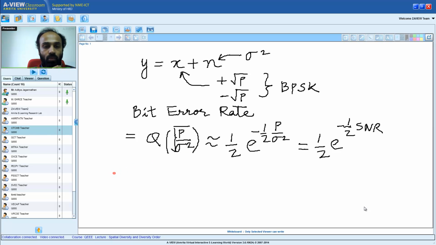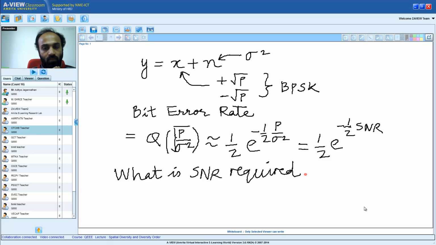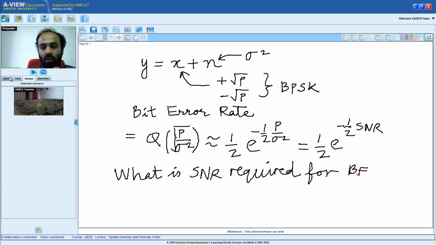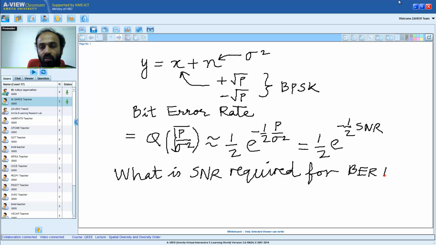what is the SNR. So we asked the question, what is the SNR required for a bit error rate of 10 to the power of minus 6?